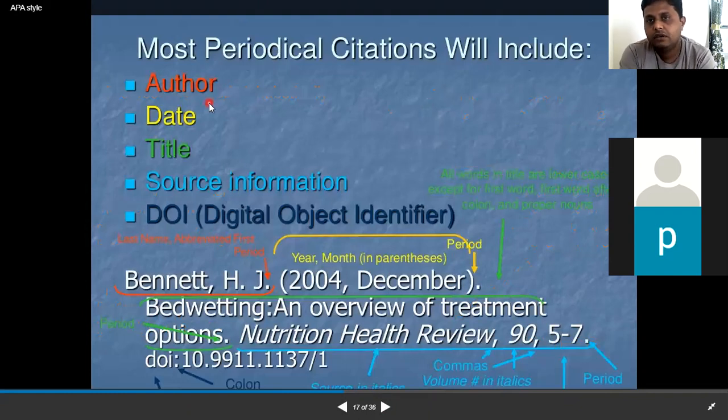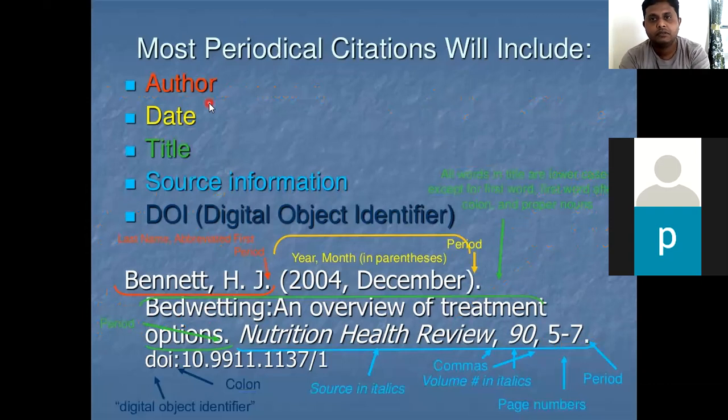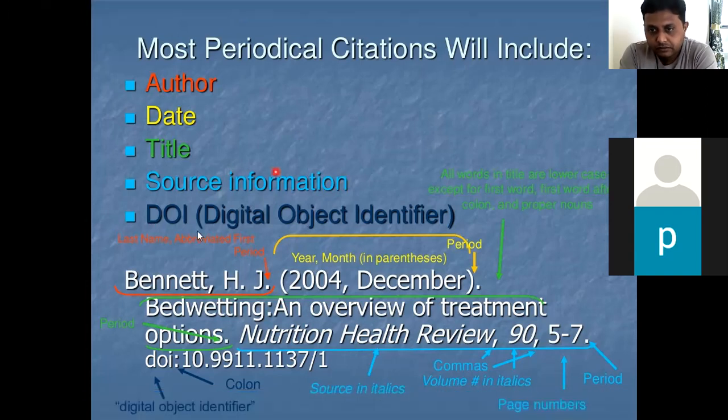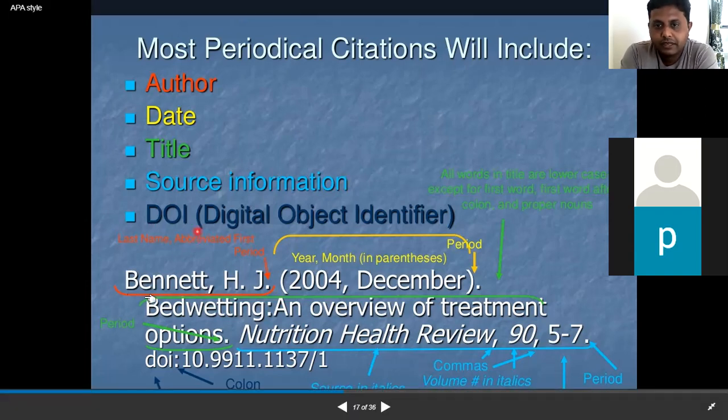As you know, for citation purposes, we should have the same information as in MLA, that is author, date, title, source information, and DOI, that is digital object identifier. For example, if we want to cite in APA style, see the style: the last name of the author, then comma, then first name.